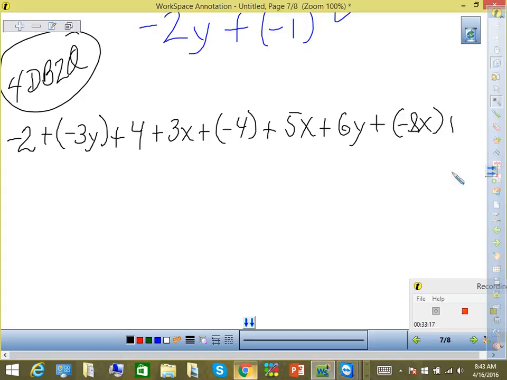Go. Remember, start with 1, focus on that one, simplify it, go to the next one, and so on and so forth.